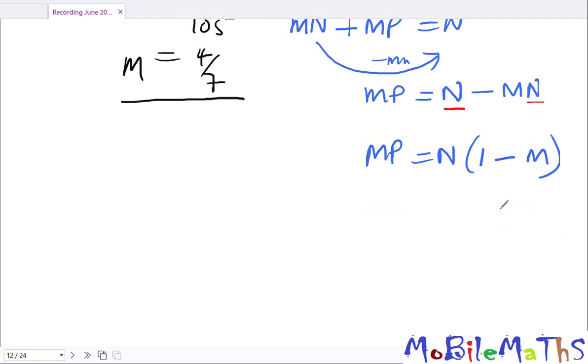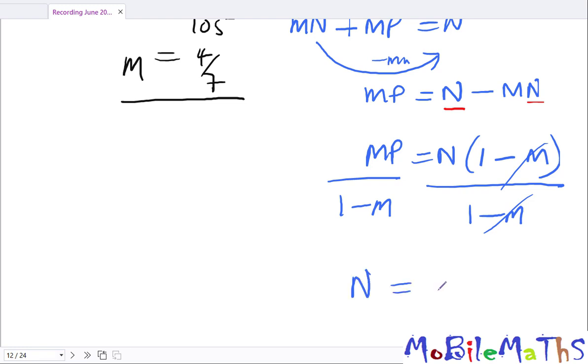But we want to remain with n on the side, so I can divide by 1 minus m over here, by 1 minus m. This side they cancel, and we get our n is equal to mp over 1 minus m. That's the final answer there.